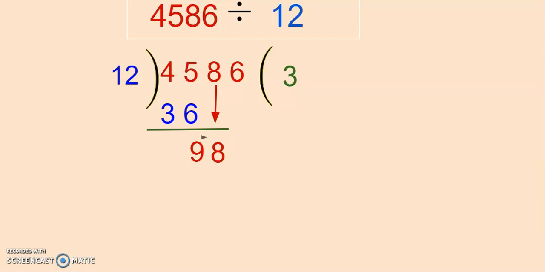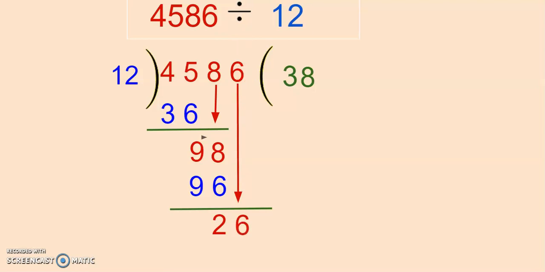Again we'll be checking how many times 12 goes in 98. How many times the value of 12 can be subtracted from 98. So you know that 12 eights are 96, and then again we are subtracting here. We get 2 and writing 6 next to 2.